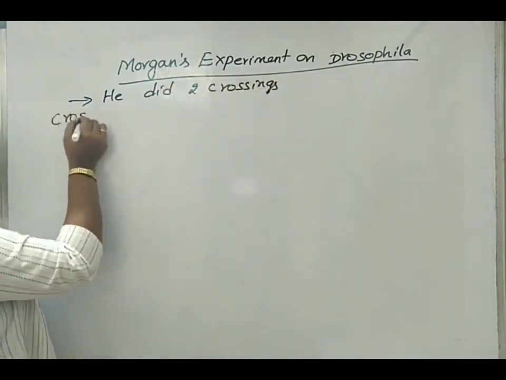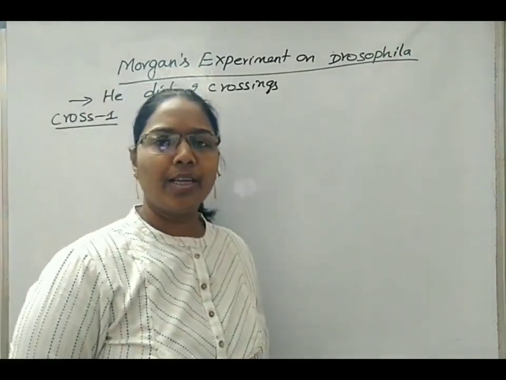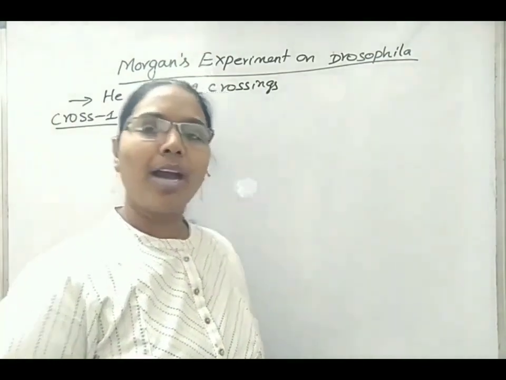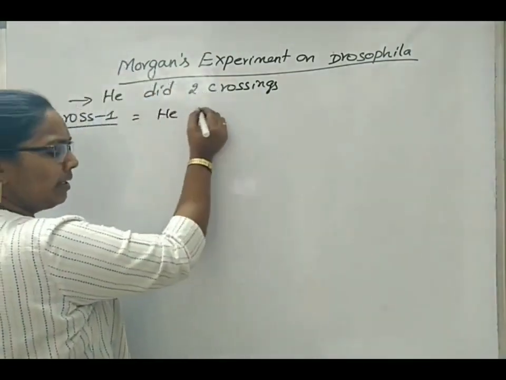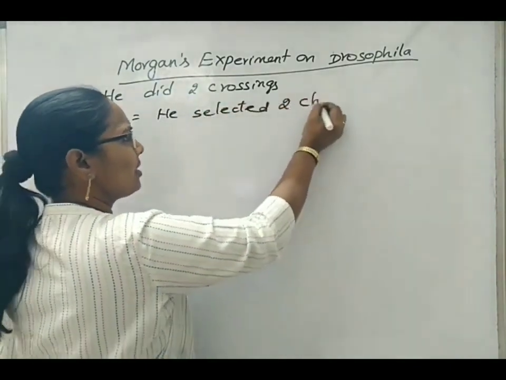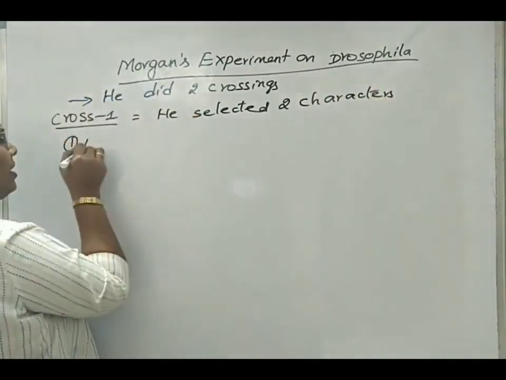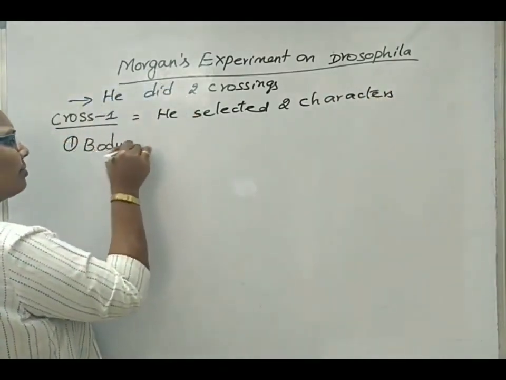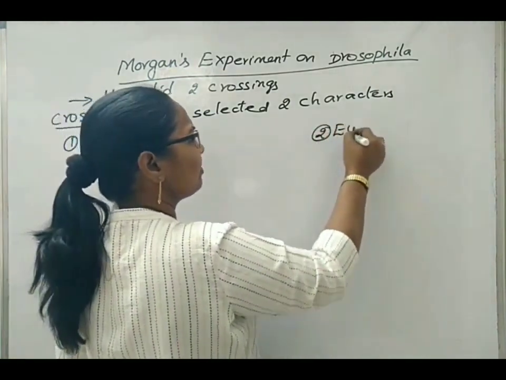In cross 1, he selected two characters in Drosophila: one is body color, the second is eye color.